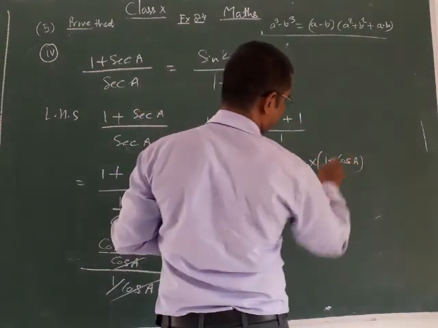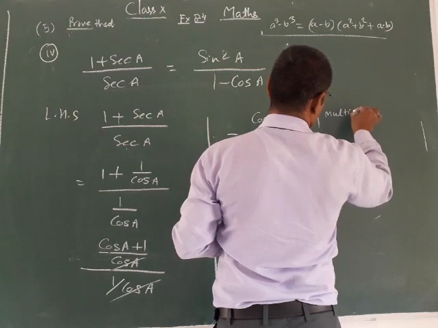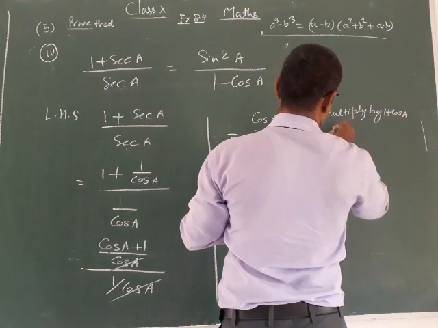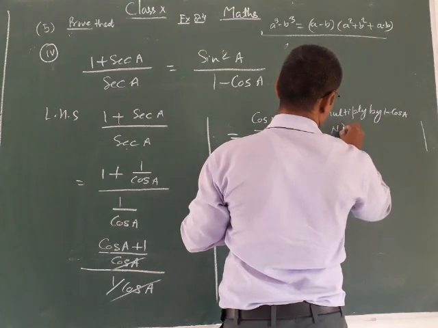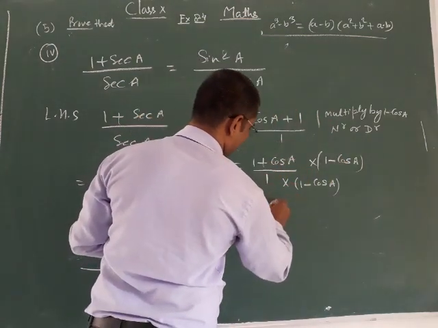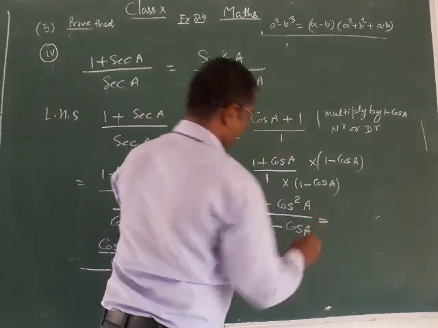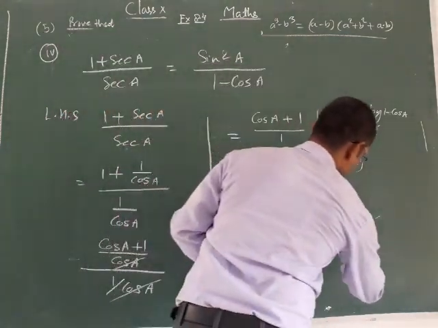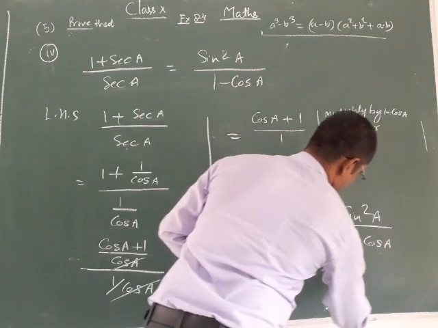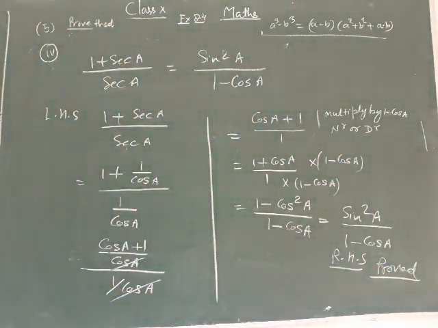So (a plus b)(a minus b): (1 plus cos A)(1 minus cos A) upon 1 minus cos A. So we get 1 minus cos square A upon 1 minus cos A. So 1 minus cos square A, by the identity, is sin square A upon 1 minus cos A. This is RHS. Proved. Thank you.